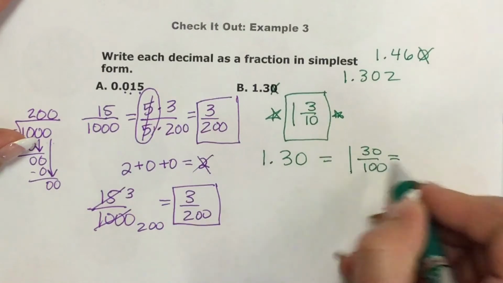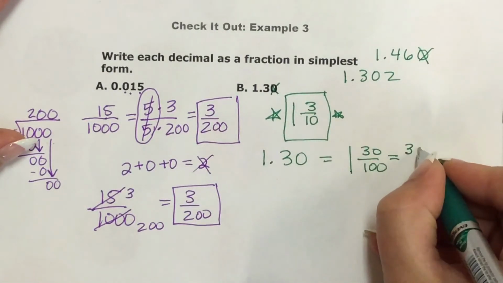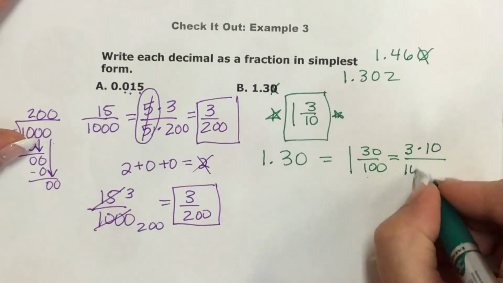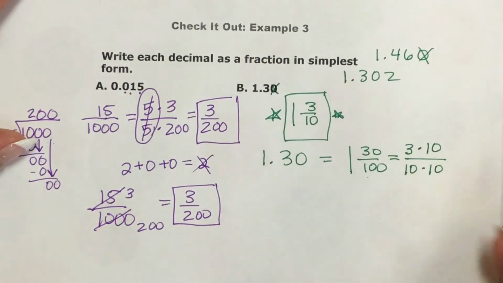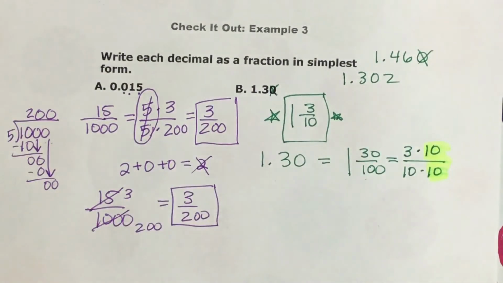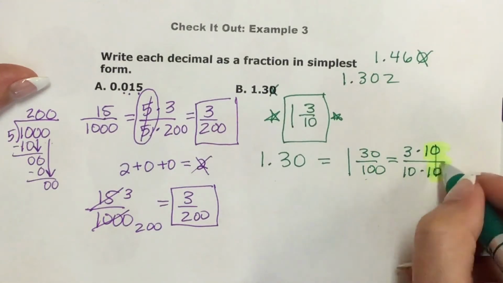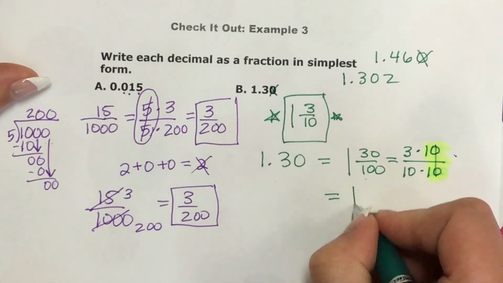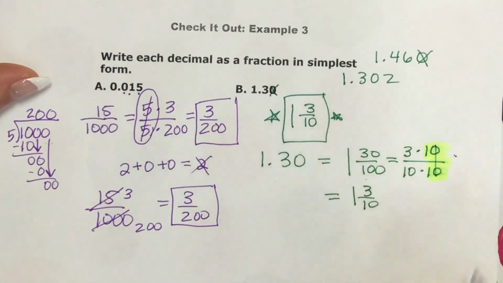So I know 30 is the same thing as 3 times 10. And I know that 100 is the same thing as 10 times 10. And there you go. There's our common factor right there. 10 divided by 10 is the same thing as 1. And 1 times 3/10 is just 3/10. So the answer is 1 3/10.